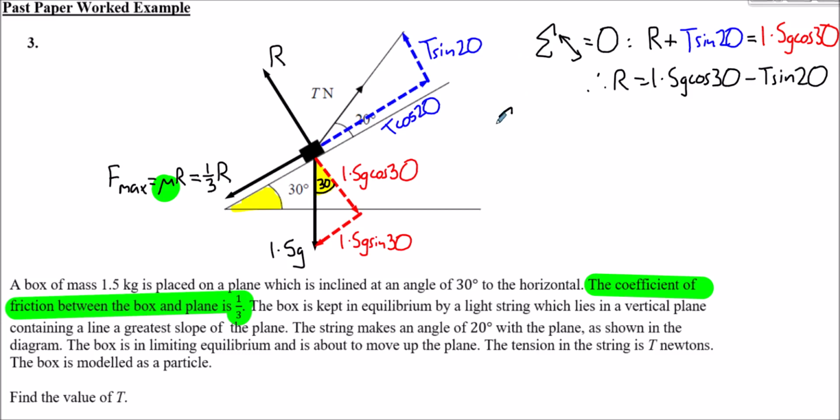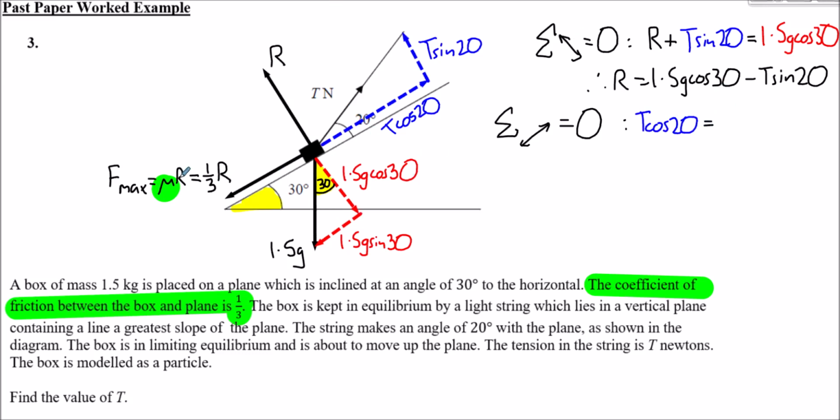Now let's consider forces acting parallel to the slope, going up and down. Because it's in equilibrium, albeit a limiting equilibrium, these will sum to 0 too. Considering the forces going up the slope, we've just got T cosine 20. That must be equal and opposite to the components of forces acting down the slope.